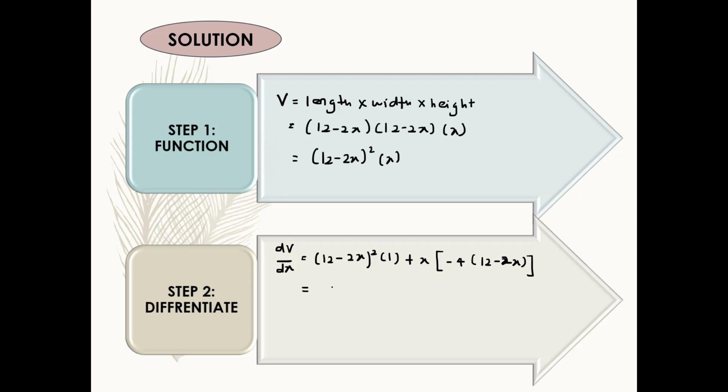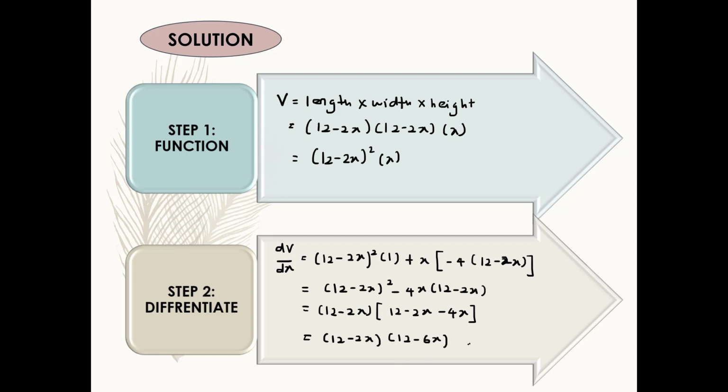And then you need to simplify the function. And then you will get (12 minus 2x)(12 minus 6x).